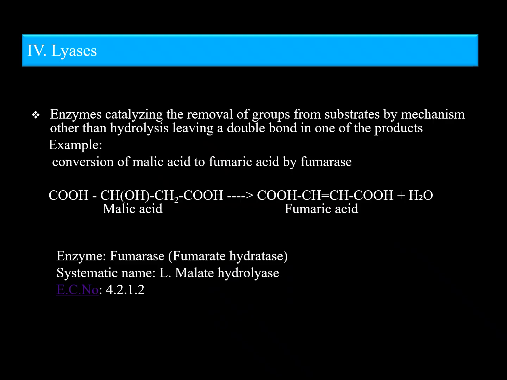Now we move to the fourth class, lyases. Lyases break down bonds without using water or oxidation. They often remove a group and create a double bond, or they add a group to a double bond. These reactions are common in some metabolic pathways.